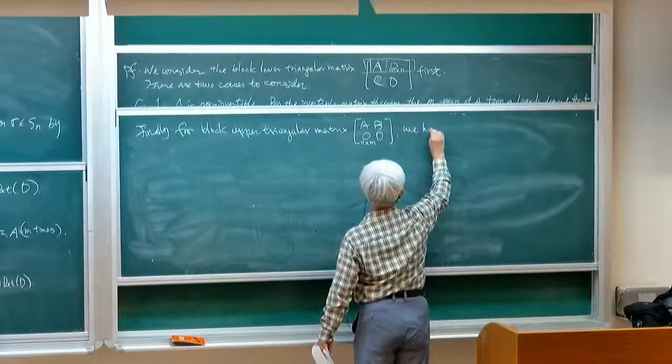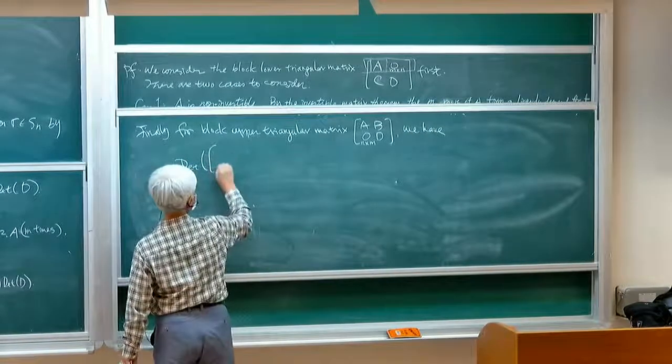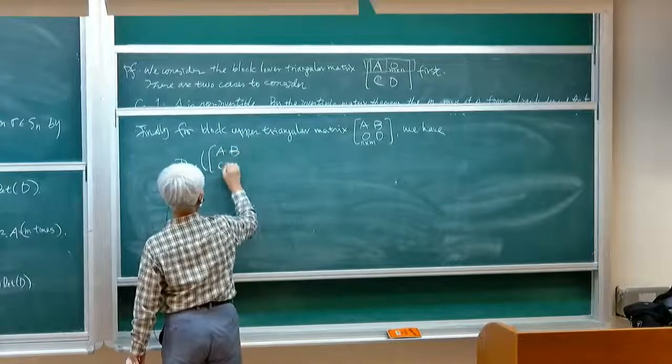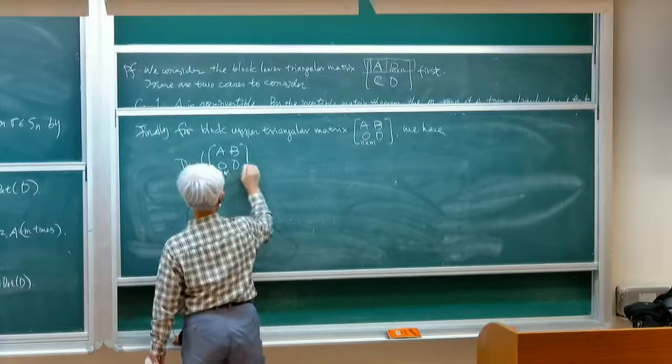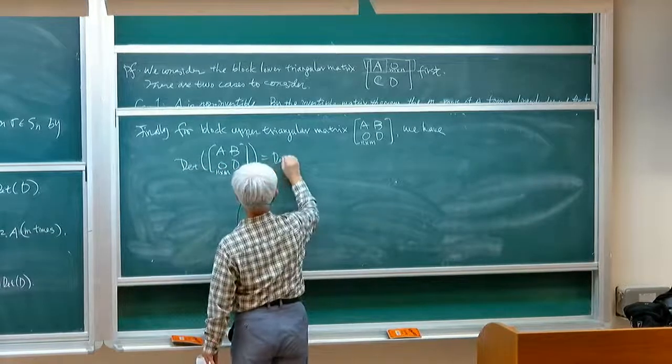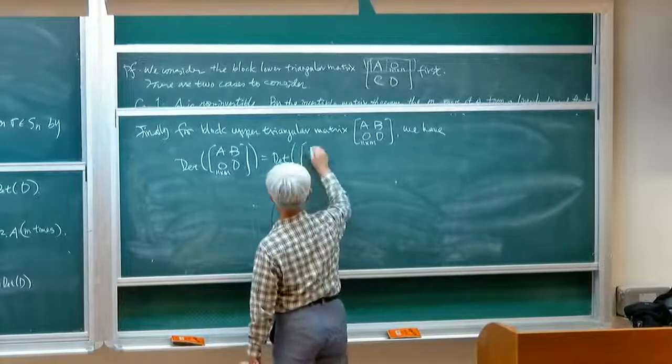We have the determinant of A, B, 0, D. The determinant of a matrix is the determinant of its transpose.